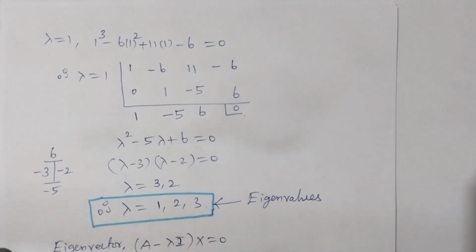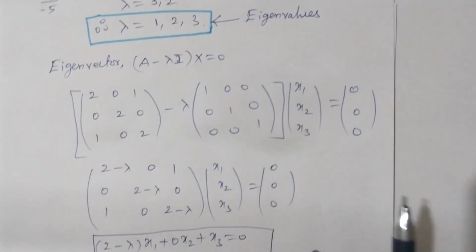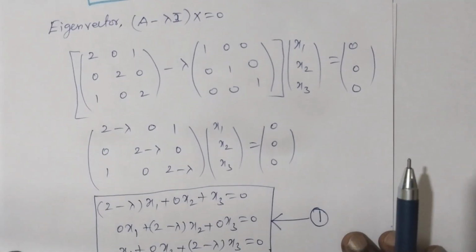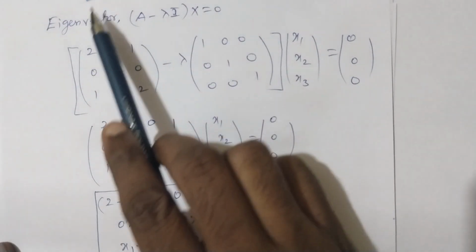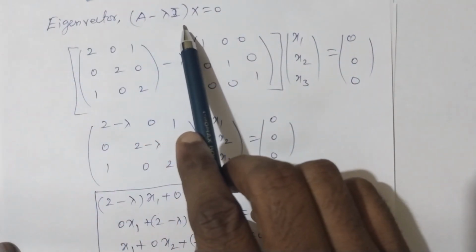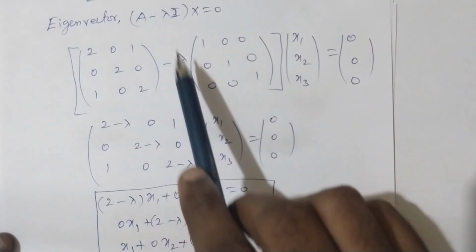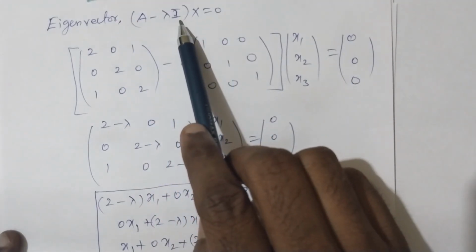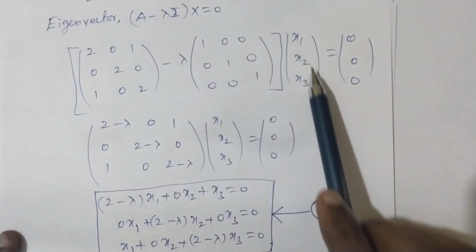Then next, to find the eigenvector, (A minus lambda I) into x is equal to 0. A is nothing but the given matrix, minus lambda into I, which is the corresponding unit matrix, into the column vector x1, x2, x3.